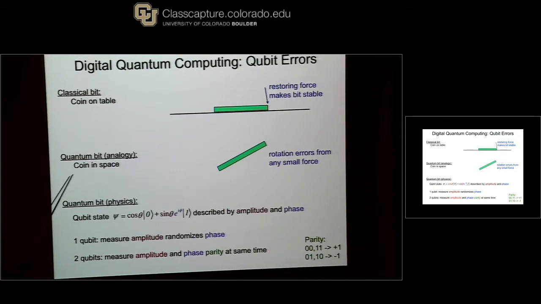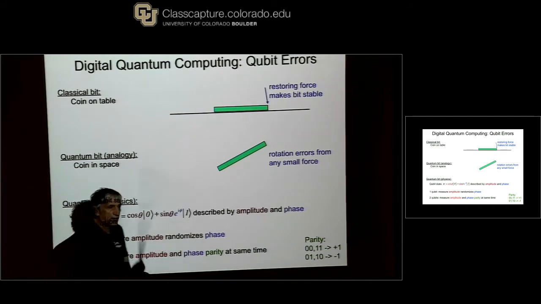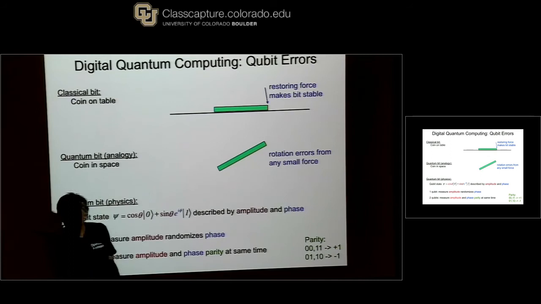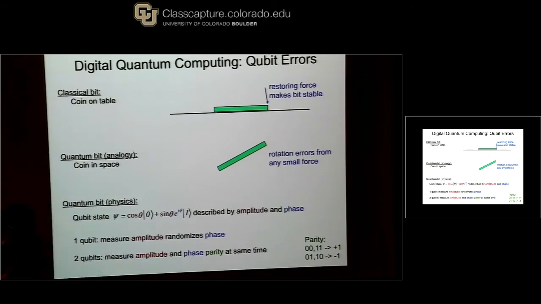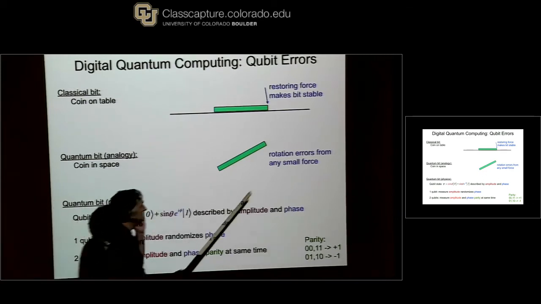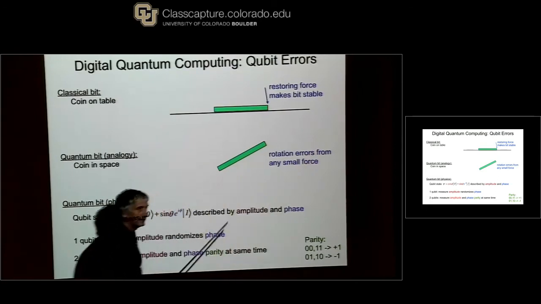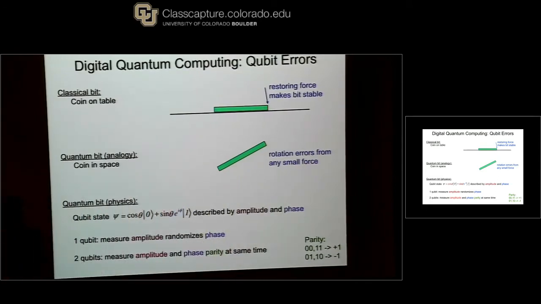However, in quantum bits, in analogy, you have the Bloch vector, which you can think of as a coin in space, where you have the amplitude and the phase. There's no preferred direction, no restoring force. Any small rotation error from any small force is going to give you an error. And thus, qubits intrinsically have errors.